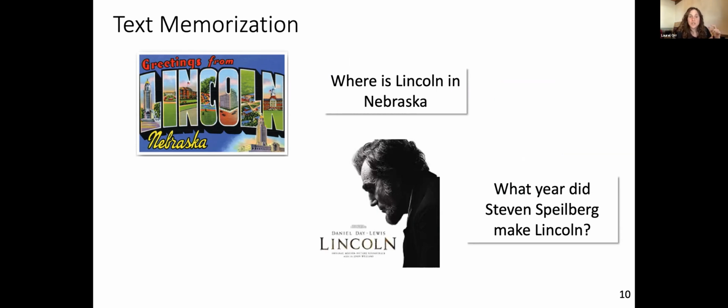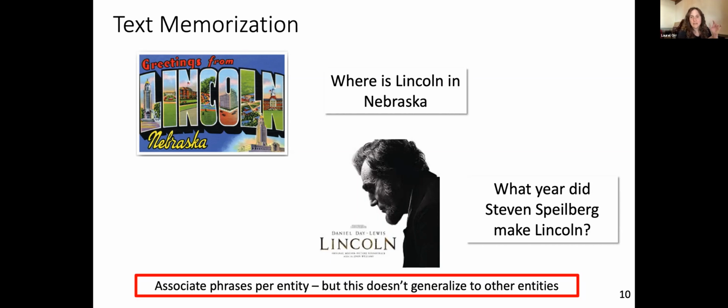The movie is going to be highly associated with the director, with Steven Spielberg, the textual phrase itself. And same thing with Lincoln, which is going to be highly associated with the word Nebraska. Now, these are patterns that can be memorized at the entity level. They're textual phrases that are associated with unique entities. Now, the challenge with these patterns is that they don't generalize.